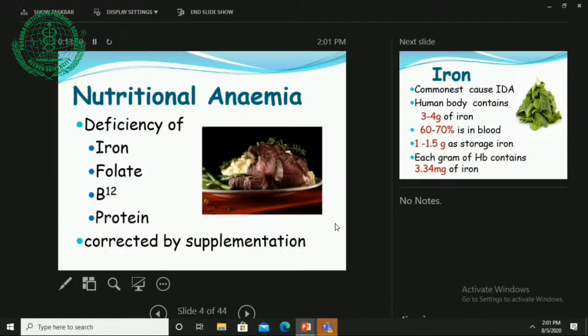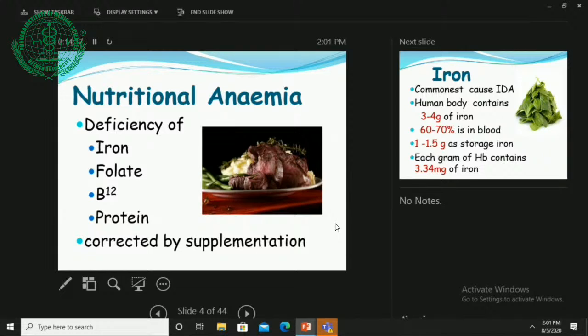Now, nutritional anemia. When we say nutritional anemia, it can be caused by deficiency of 3 nutrients: iron deficiency, folate deficiency, and B12 deficiency. Even protein deficiency can indirectly give rise to anemia, because transferrin, which is a protein, is required for the transportation of iron.